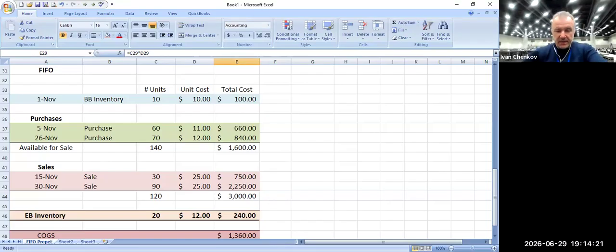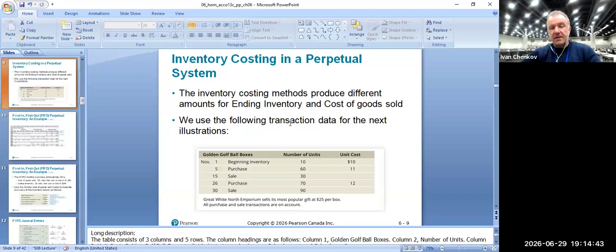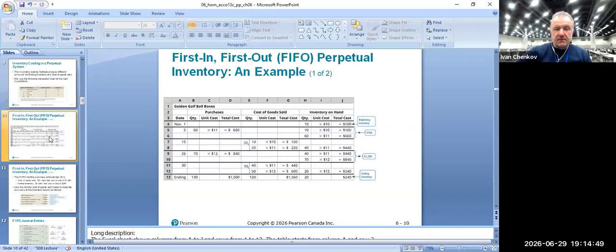And let's go back to the slides and see what the slides tell us about this first in, first out method. Since we have our beginning inventory, purchases and sales, we can start working one after another.